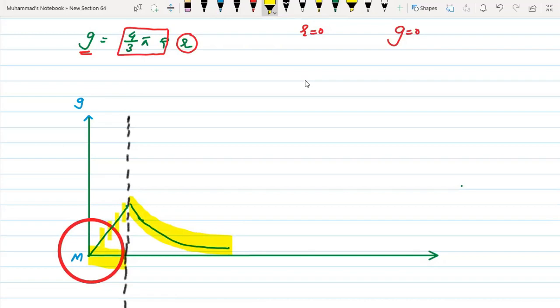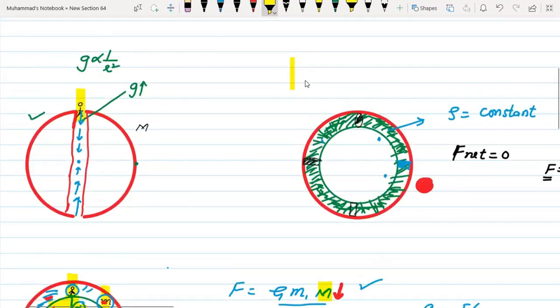Now one more question. If you make a tunnel inside the Earth, as we discussed in this example, and you drop some object from this point, I don't wish you should go yourself, but you drop some object from here.